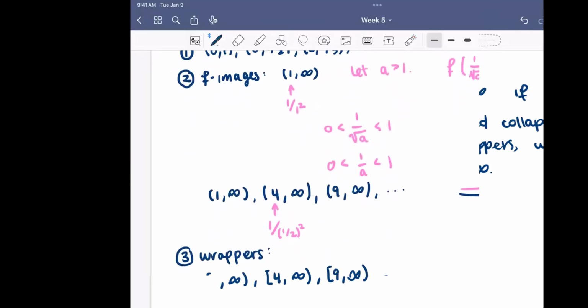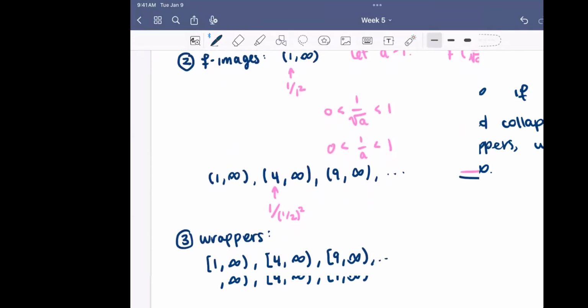Each one is contained in the next one, and there's no number that's contained in all of them. And in order to be a collapsing collection for infinity, you just want to see that infinity is the right endpoint of each of those intervals. So this is a collapsing collection for infinity.